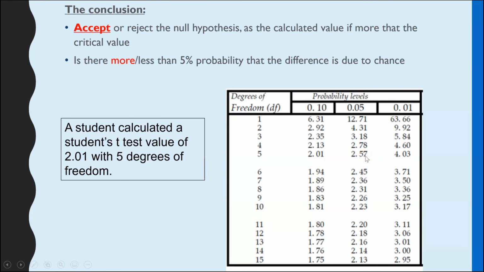So that means it is not a significant difference, and therefore we have to accept the null hypothesis that there is no significant difference between the two means. And that's because if it doesn't reach that threshold, it means we must have more than 5% probability that the difference between the two means is due to chance. So we can't be 95% confident.